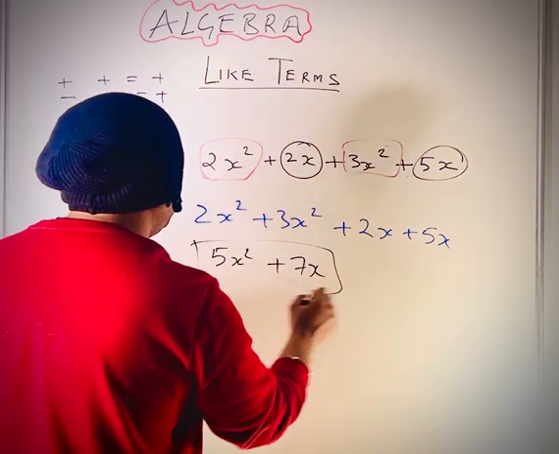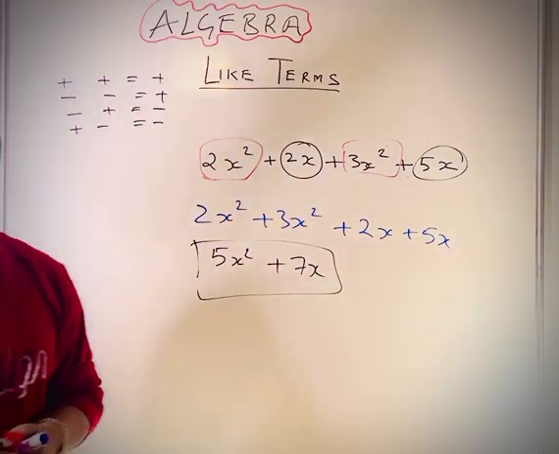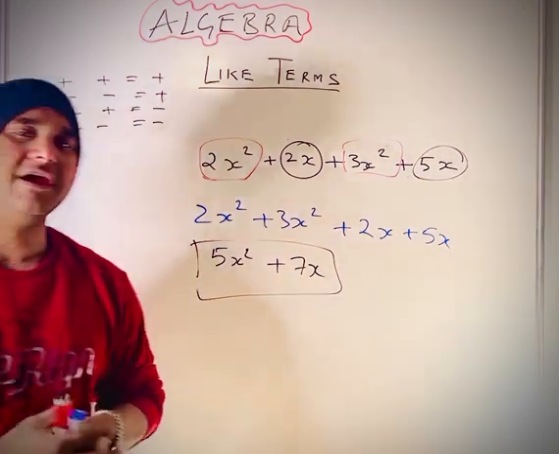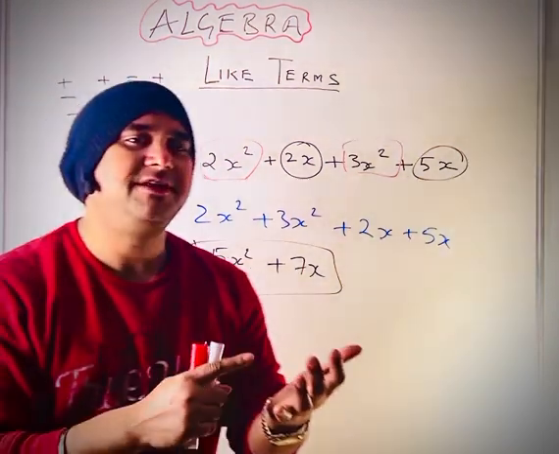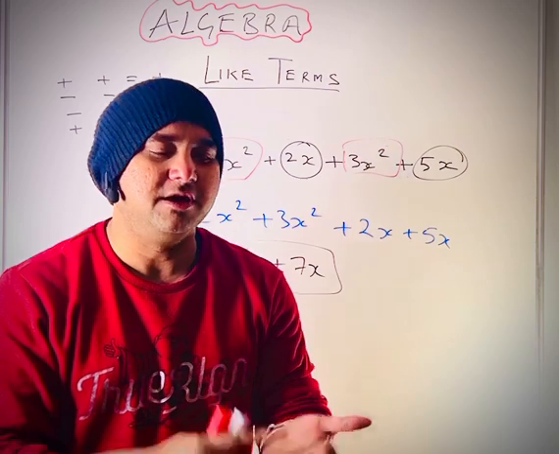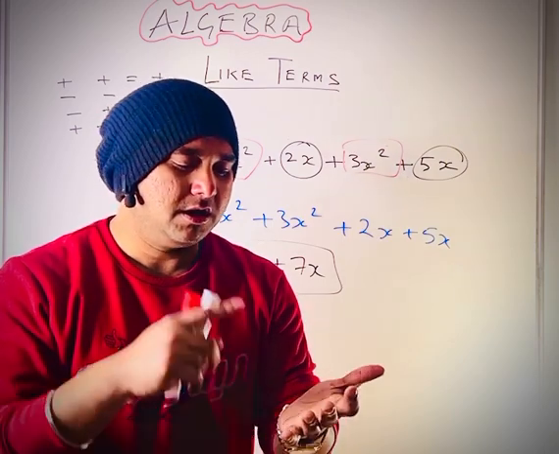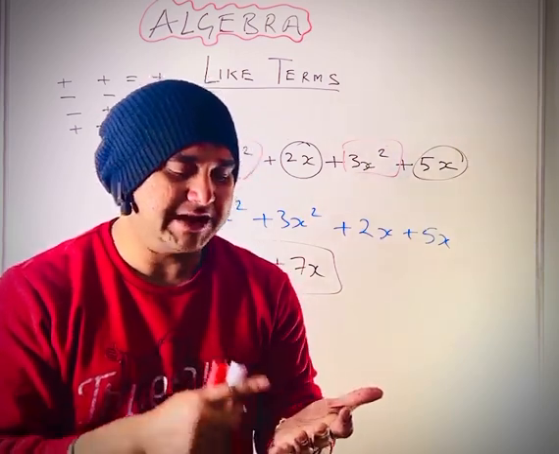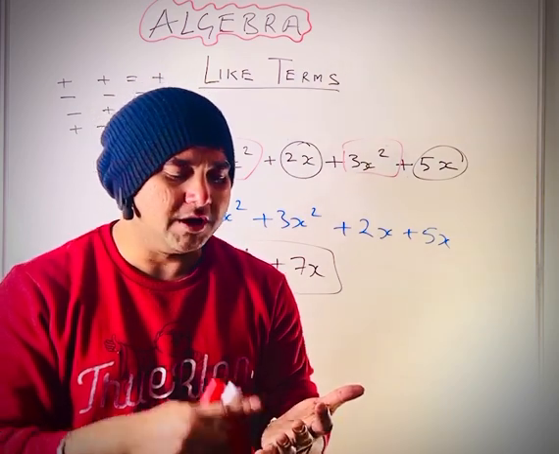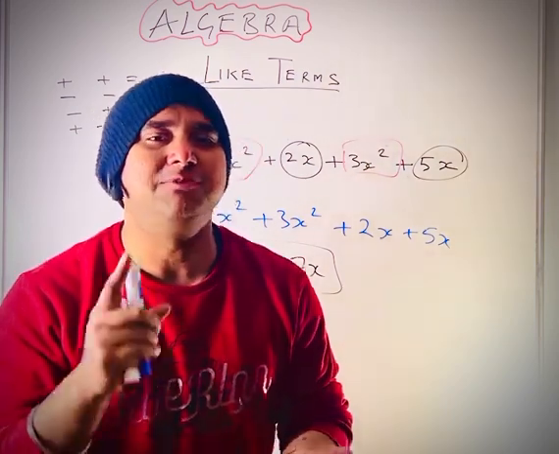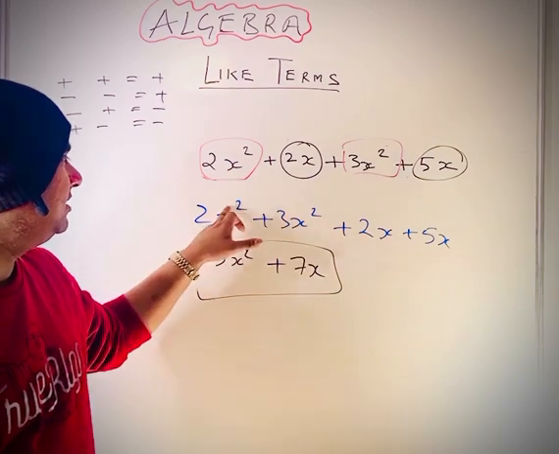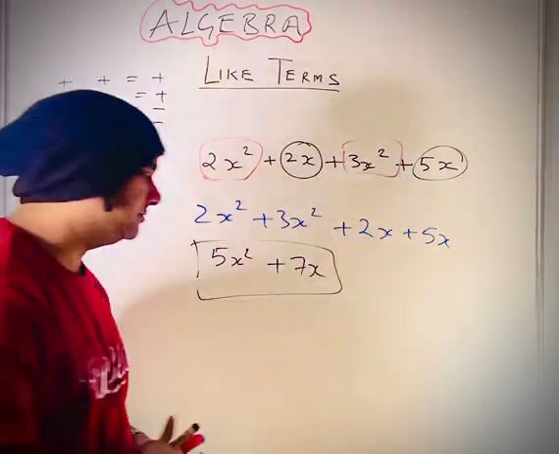And that's the simplest form of this expression. So don't get confused. Again, the definition of like terms: when terms have the same variables, or the variables with the same degree, those are the like terms, right?